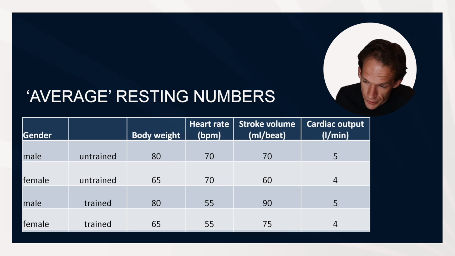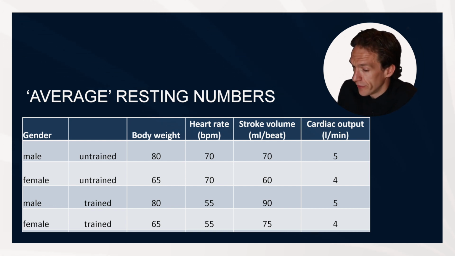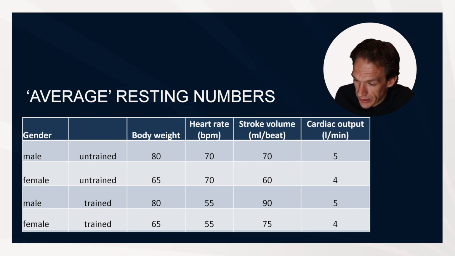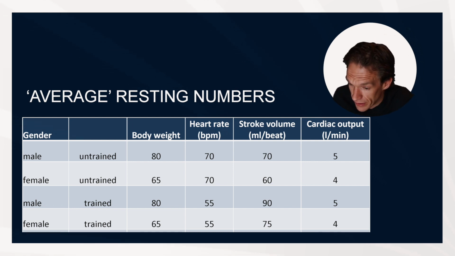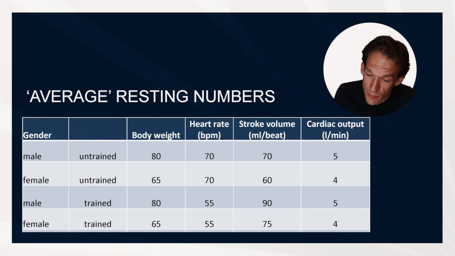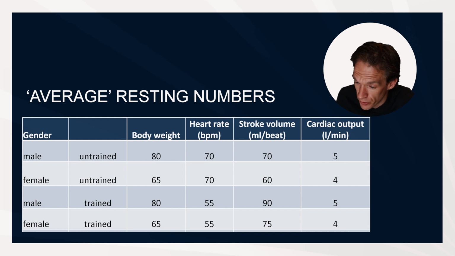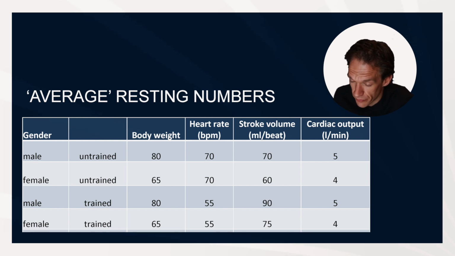At rest, for someone untrained, you would expect a heart rate of around 70 beats per minute, while stroke volume could be like 70, which will lead as a product to cardiac output of about 5 liters. Now, if someone would be trained, you would still expect in rest more or less the same cardiac output because more or less the same amount of energy is required. But because the increase in stroke volume is clearly there, 90 versus 70, you can live with a lower resting heart rate. And that is what we can measure in daily life.